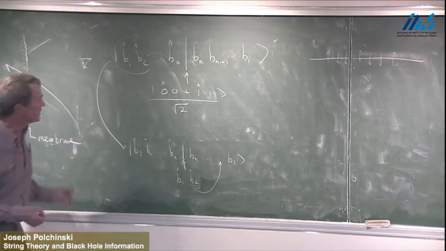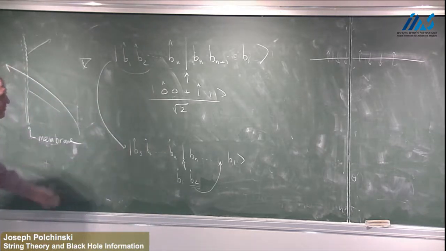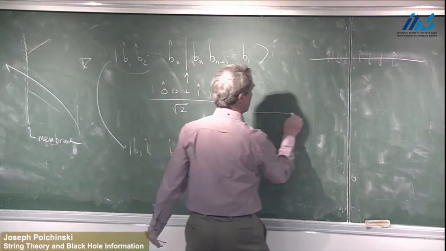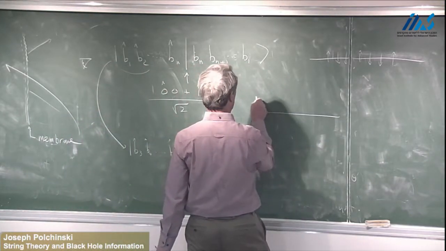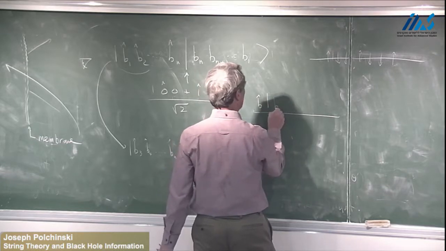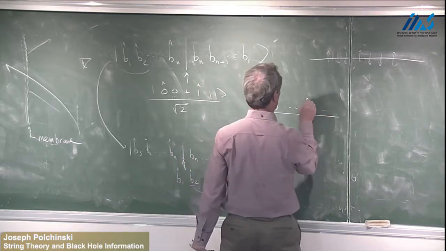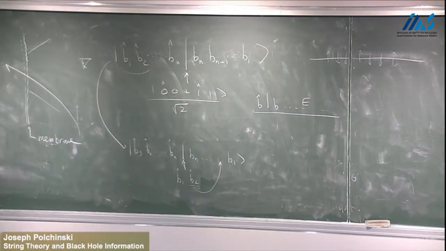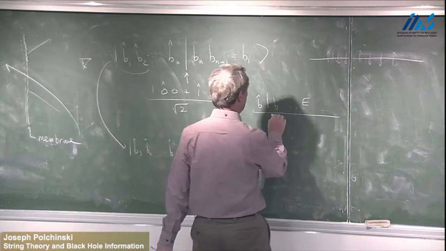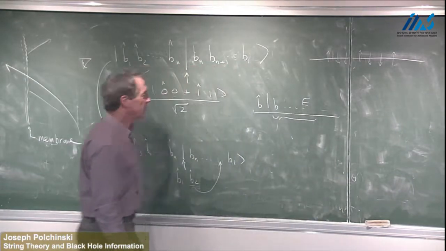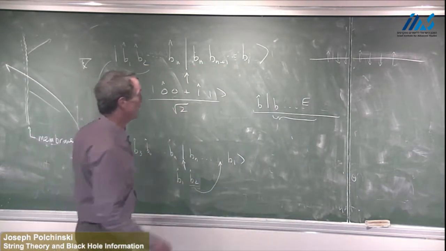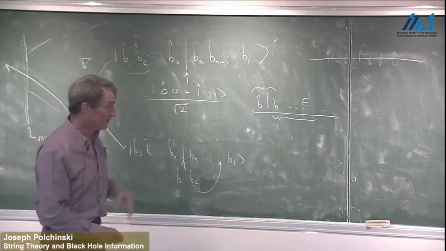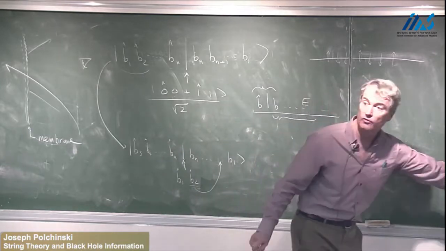Namely, in order to get a contradiction, we don't need the whole string of bits. We only need to look at the last bit, the first bit inside, the first bit outside, and all the earlier bits outside. And already we have a contradiction because these have to be entangled by the assumption of purity, and these have to be entangled by the assumption that effective field theory works for the inflowing observer.